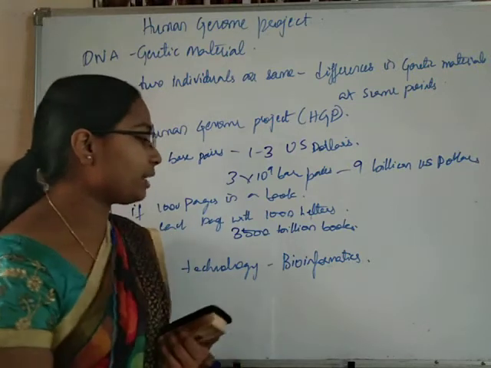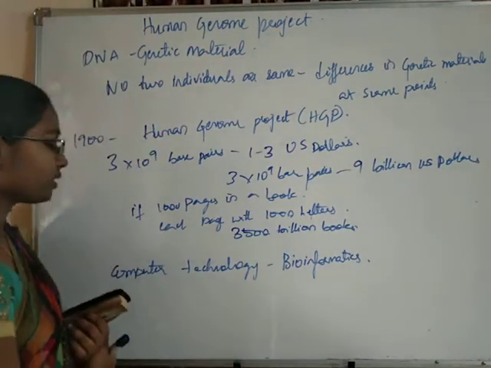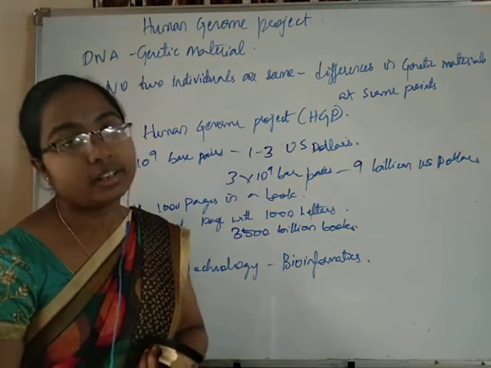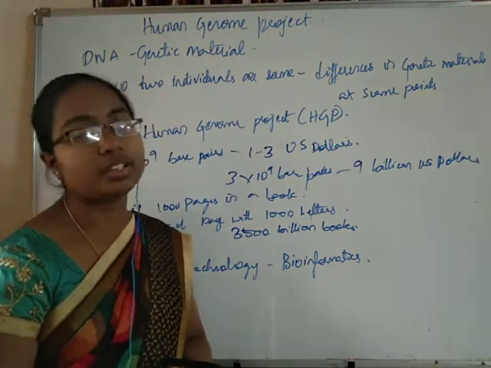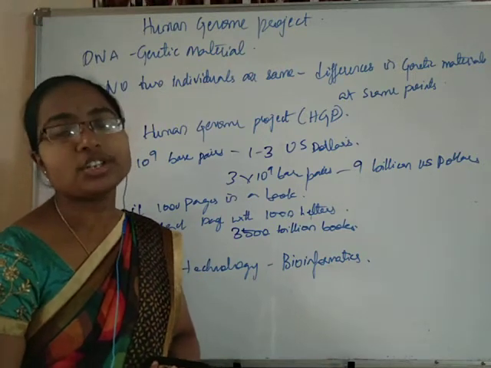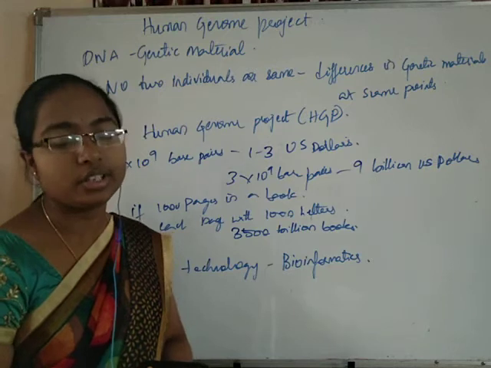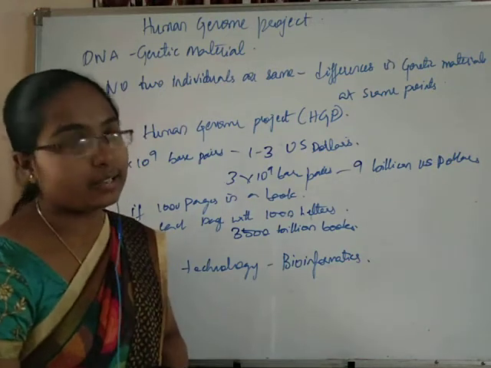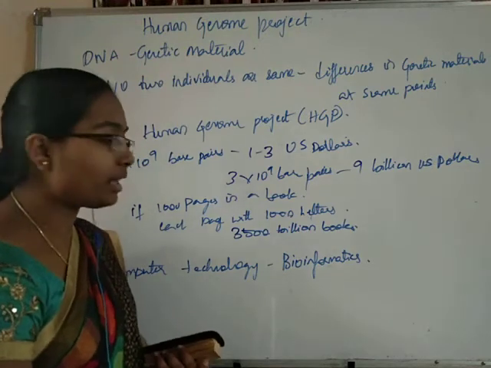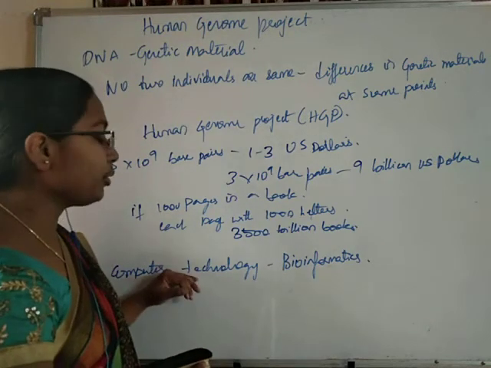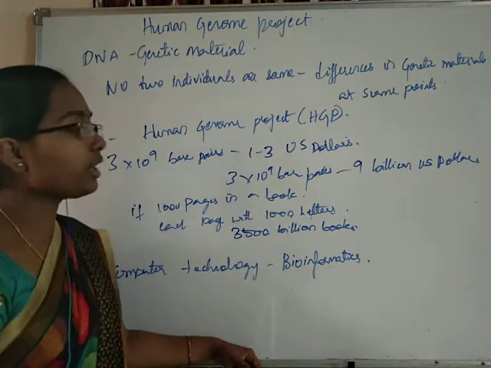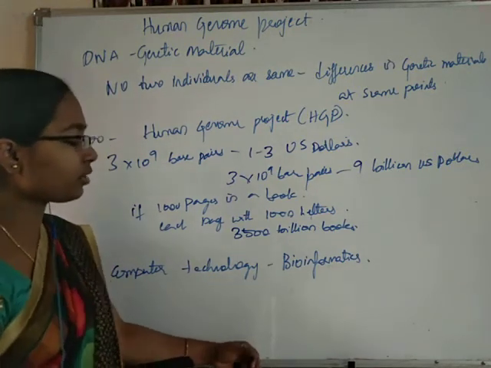From bioinformatics, computer technology's help was taken, and methods and techniques were identified to sequence the DNA, put them into proper combination and store the information related to the DNA also. With the help of bioinformatics we have access to computer technology and the science together. So this is bioinformatics.